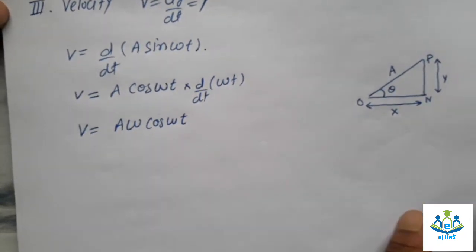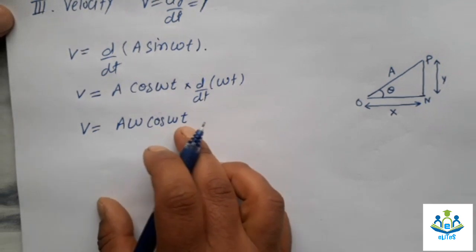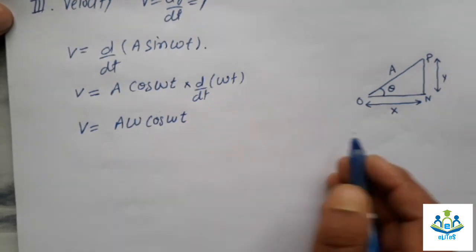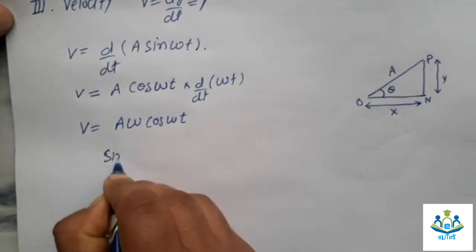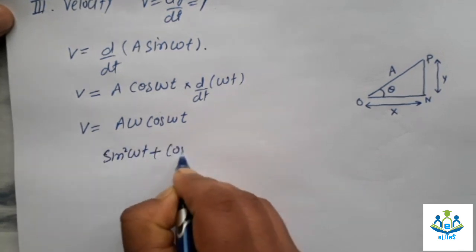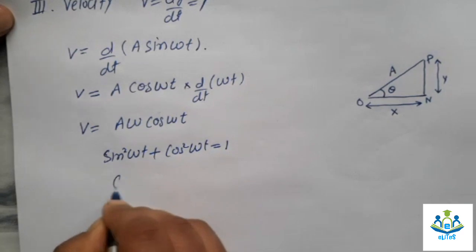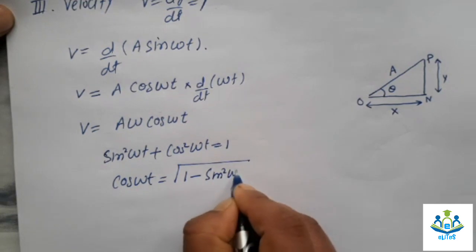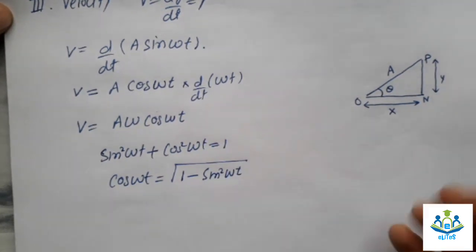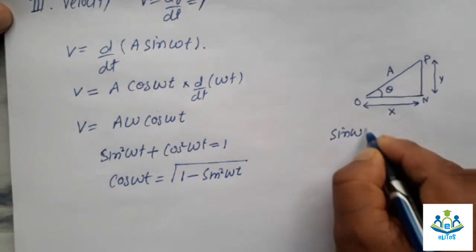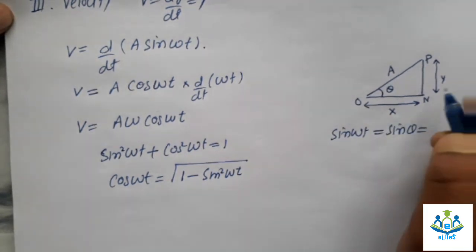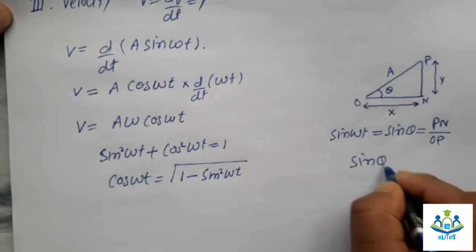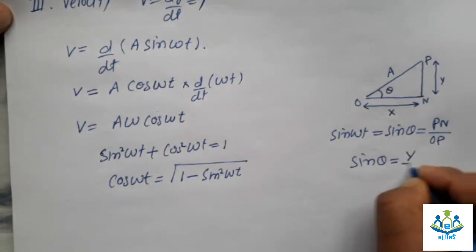Now we can change cos omega t in terms of sine omega t by using a simple identity. As we know, sine square omega t plus cos square omega t is 1. So cos omega t will be the square root of 1 minus sine square omega t. Sine omega t, which is sine theta, is perpendicular over base, that is y over a.